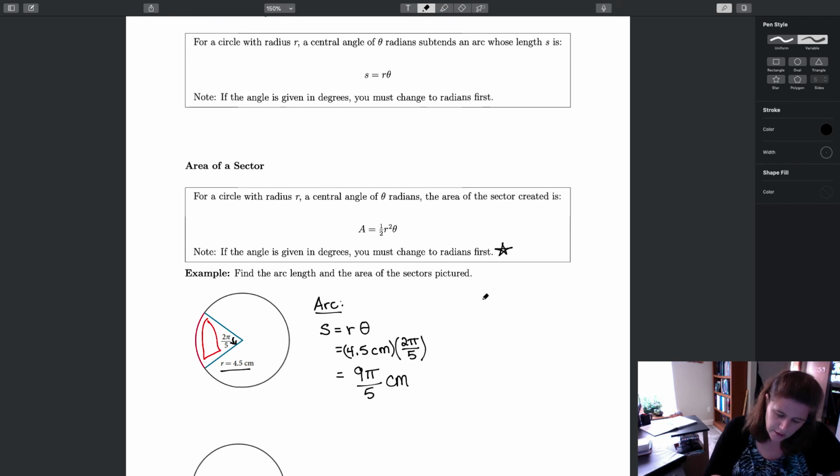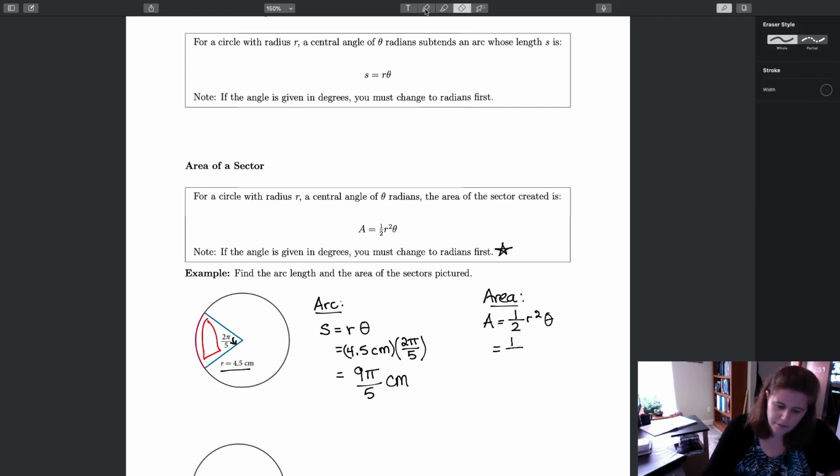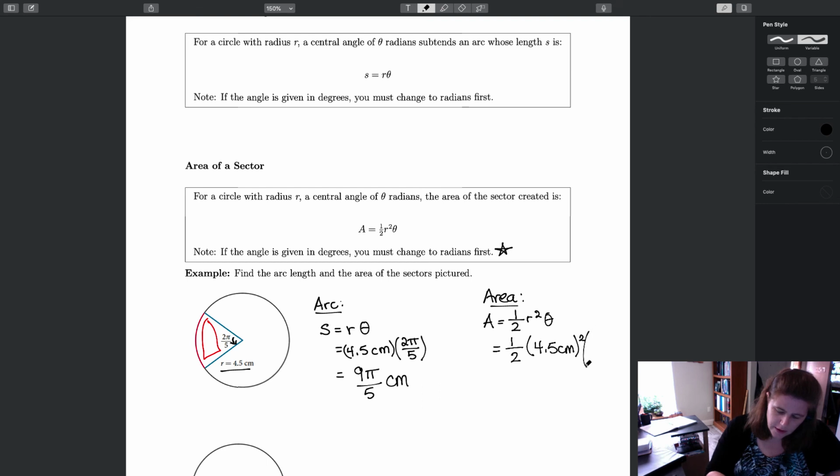If you're talking about the area, then area is equal to 1/2 times r squared theta. When you are dealing with area, you should end up with squared units. So here we have 1/2. Our radius is 4.5 centimeters, and we're squaring it, and then 2 pi over 5. We can simplify a little bit.